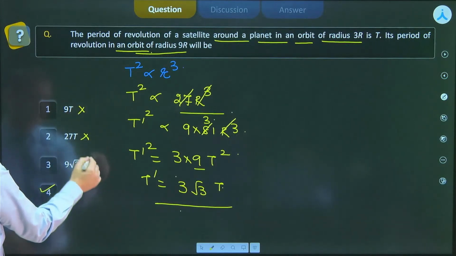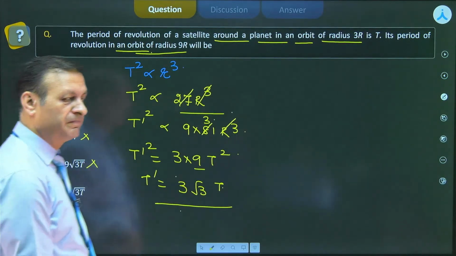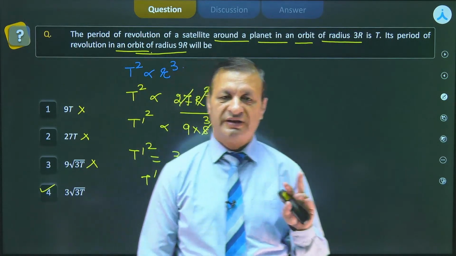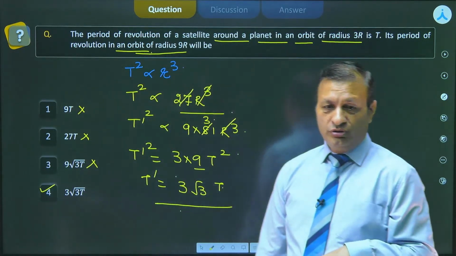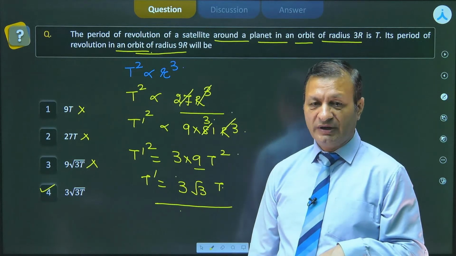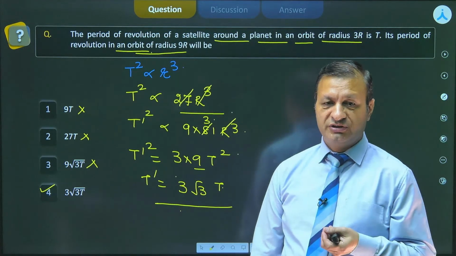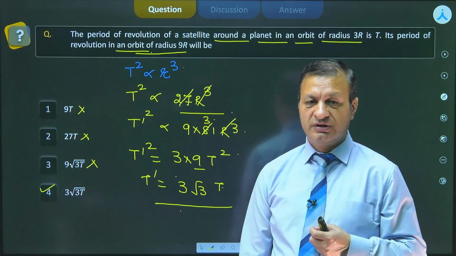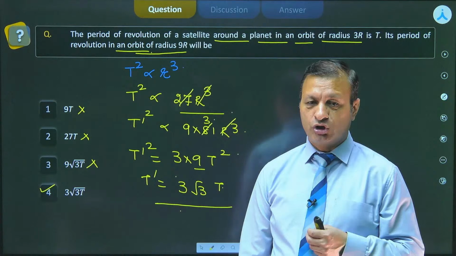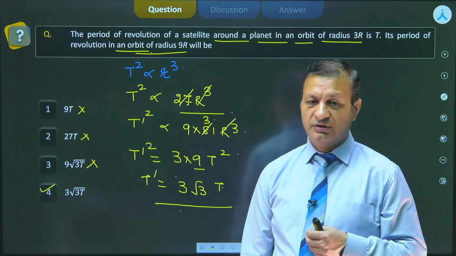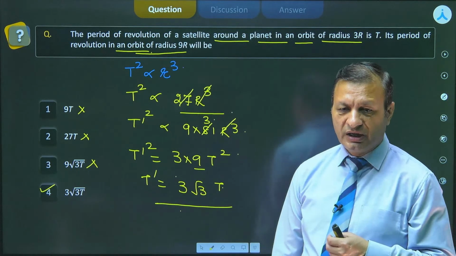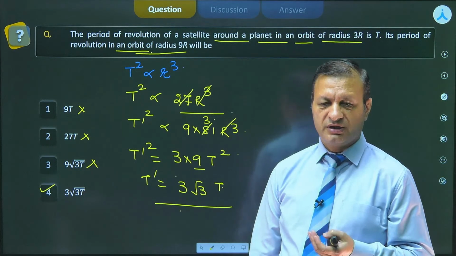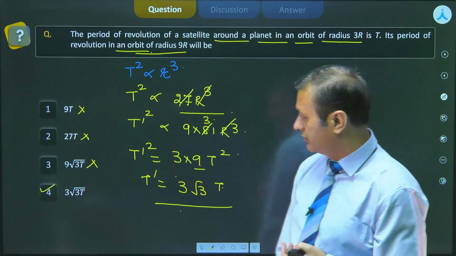These options are not there. So fourth option. Any doubt? Aditya was the first one, as he clearly mentioned in fast fires, so no doubt he gave the right option. Fourth one, good. Ravinder also gave me the fourth option. Tyasha, fourth option, but T should be outside of the root.